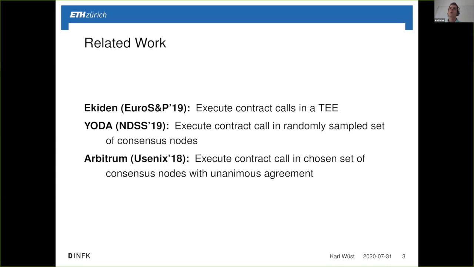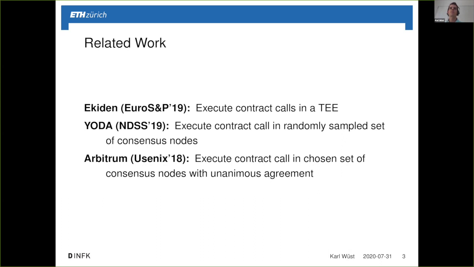And if one of these nodes disagrees, then there is an expensive protocol for conflict resolution. So basically, there's a challenge period, and during this challenge period, no other contract calls involving this contract can be executed. Another issue that these solutions have is that a contract cannot securely call another contract atomically.